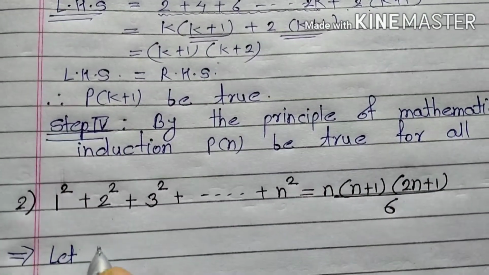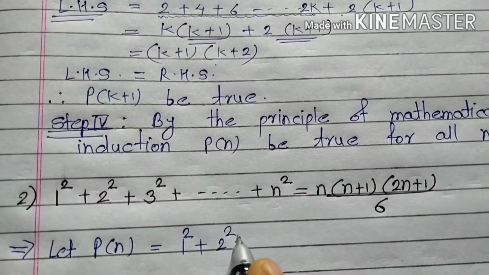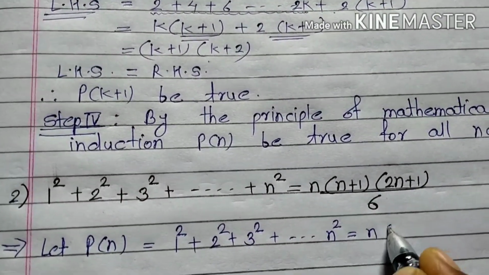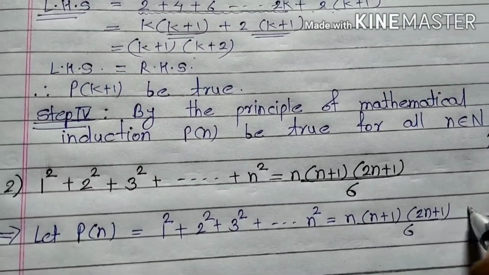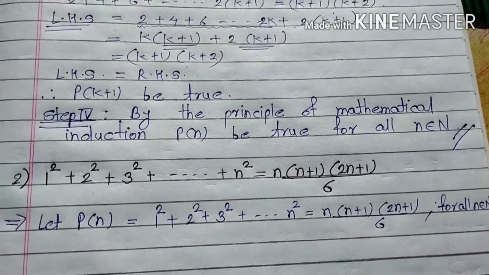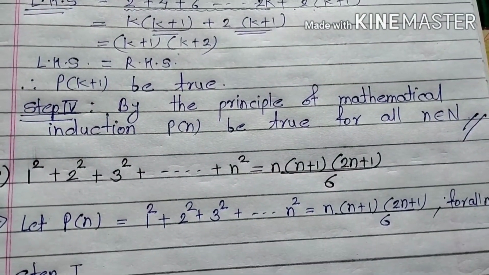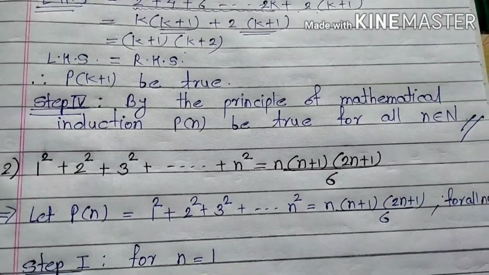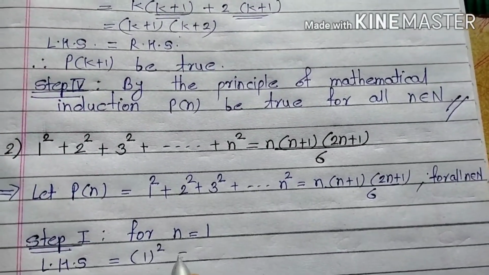So let P of n, which is equal to the given sum. So step first, for n equal to 1, so LHS is equal to 1 square, which is equal to 1.